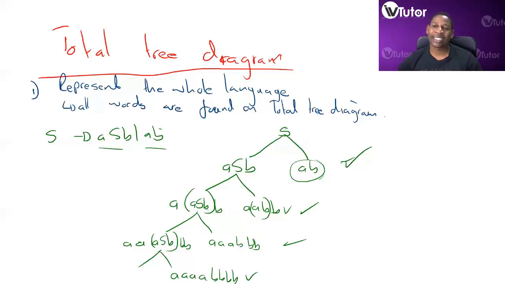So a total tree diagram will give all the words in a language. So this stretches to infinity because we can generate A to the power of 100, B to the power of 100, A to the power of 1 million, B to the power of 1 million. So it can stretch to infinity. Right, so that is a total tree diagram.